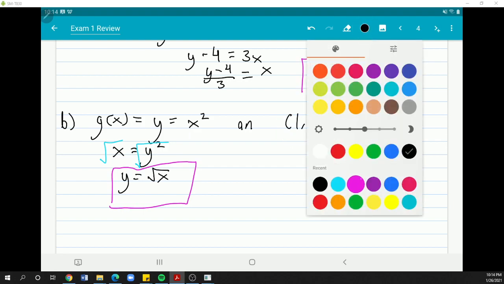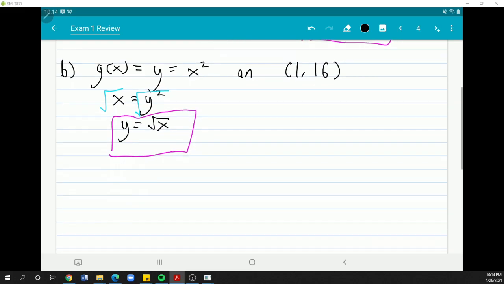Okay. And then finally, h of x, which I'll once again call y, which is equal to e to the x on 0, 1. Domains of the inverse functions, I forgot to say that.